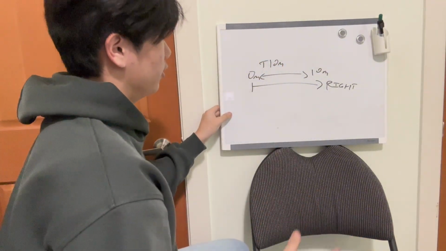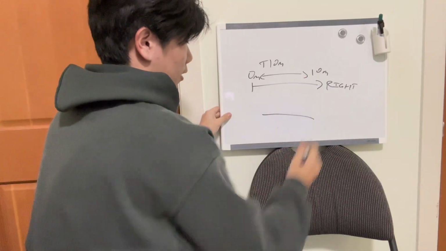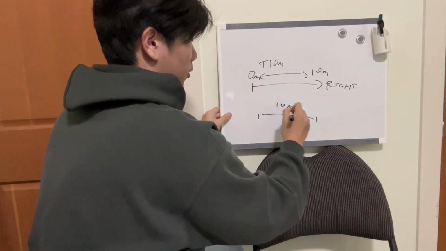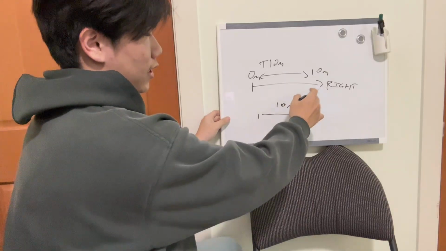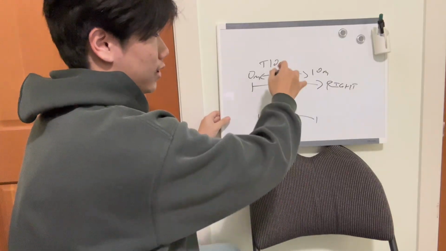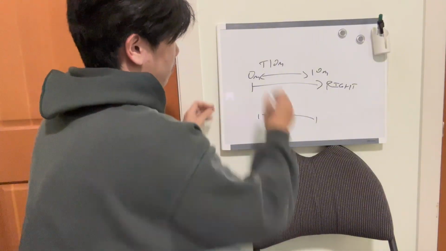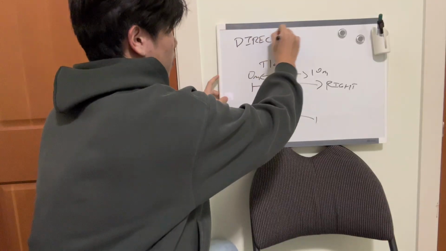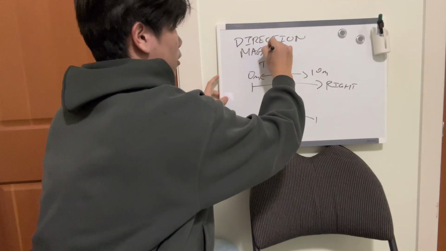Every vector needs to have magnitude and a direction. This could be 10 meters in total, but with no direction, it is not a vector. This has a direction going right 10 meters. This is a vector. So a vector needs to have both direction and magnitude.